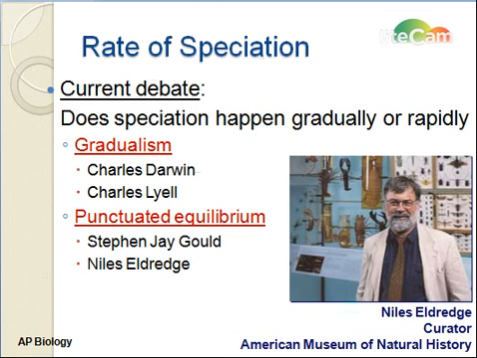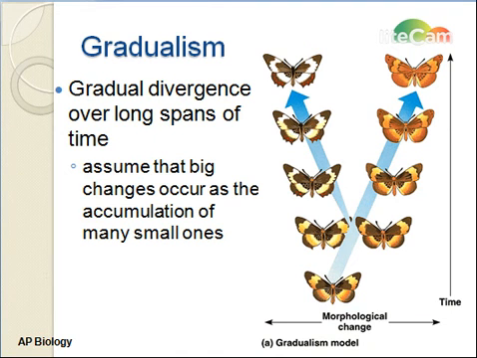In gradualism, it's just like it would seem, that there's a gradual divergence over long spans of time. This theory assumes that there are no big changes that occur, but just an accumulation of many small ones, so that over time we end up with two distinct species.